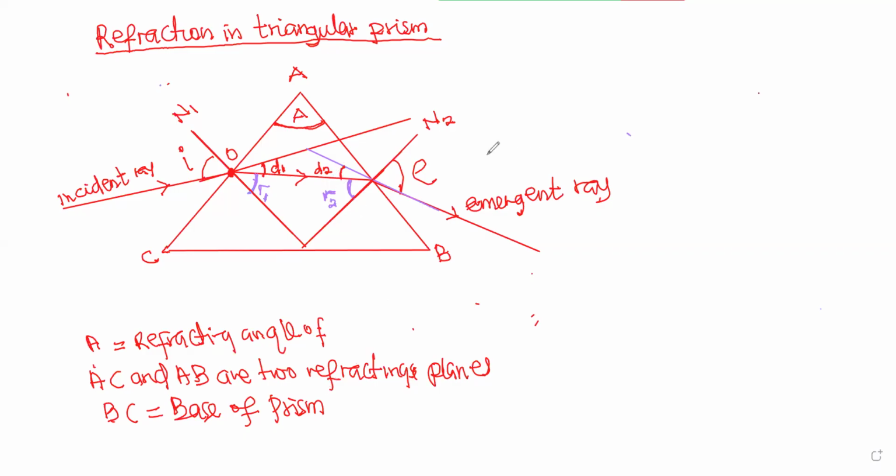Now we see this angle between the incident ray and the emergent ray. Morris, I can't really hear you. The line is breaking. Is it a general problem to all?